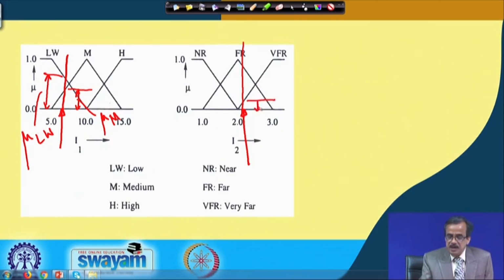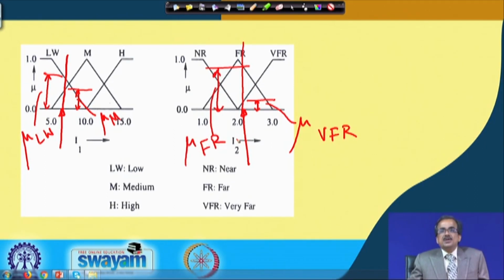If it is very far, this is the membership function value for very far, and similarly this is the membership function value for far. And once you have calculated these membership function values, we can proceed further. How to calculate this membership function value, I have already discussed in detail.